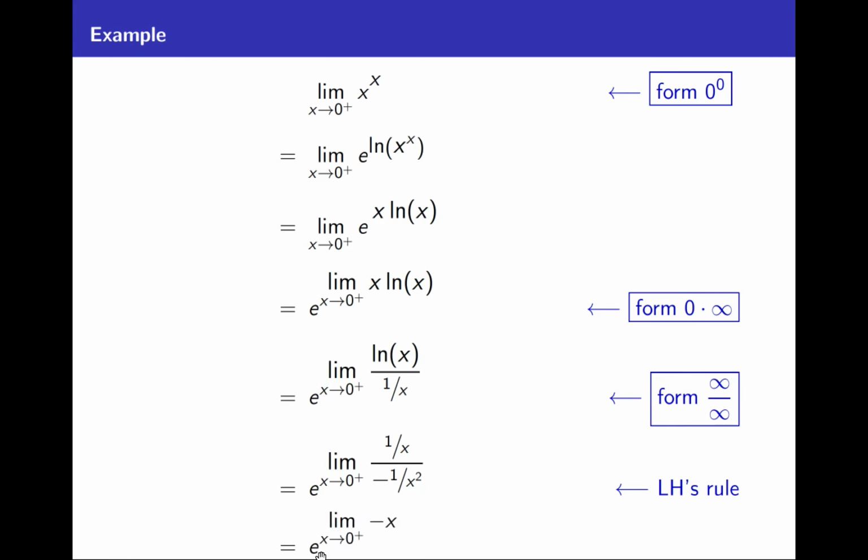That's e to the limit as x goes to 0 from the right of just negative x. So that's equal to e to the power of 0, which is 1. So the limit as x goes to 0 from the right of x to the power of x equals 1. And there we go.